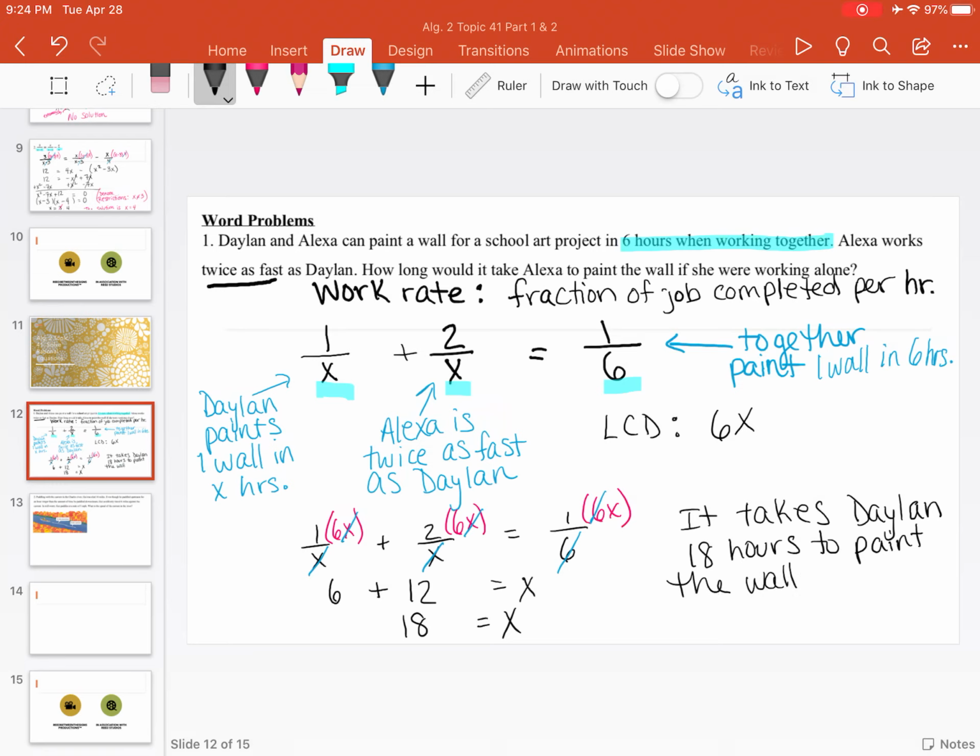So since Alexa is twice as fast, it would take her half as long to actually paint the wall. So it would take Alexa 9 hours. And that is the first word problem.